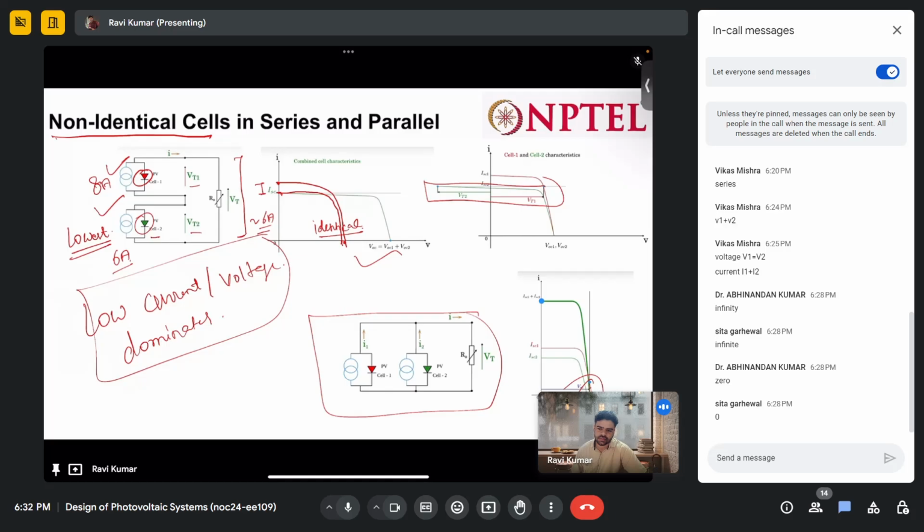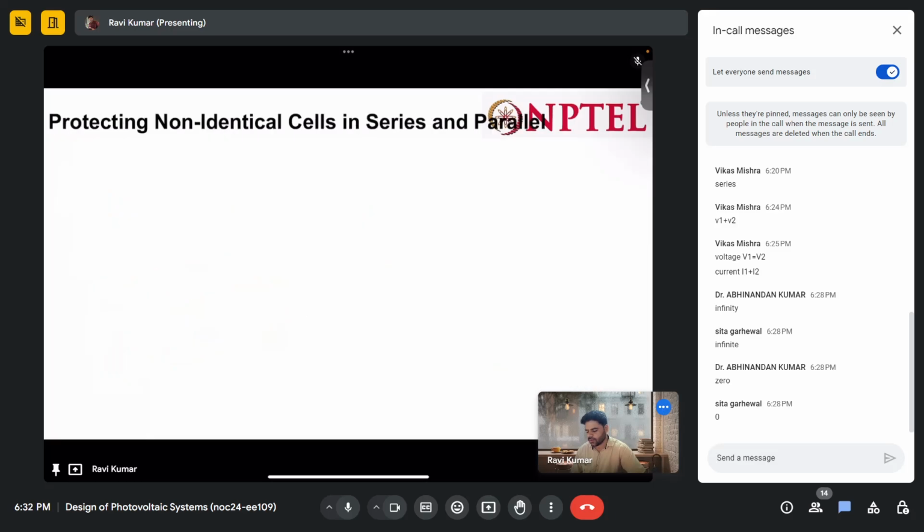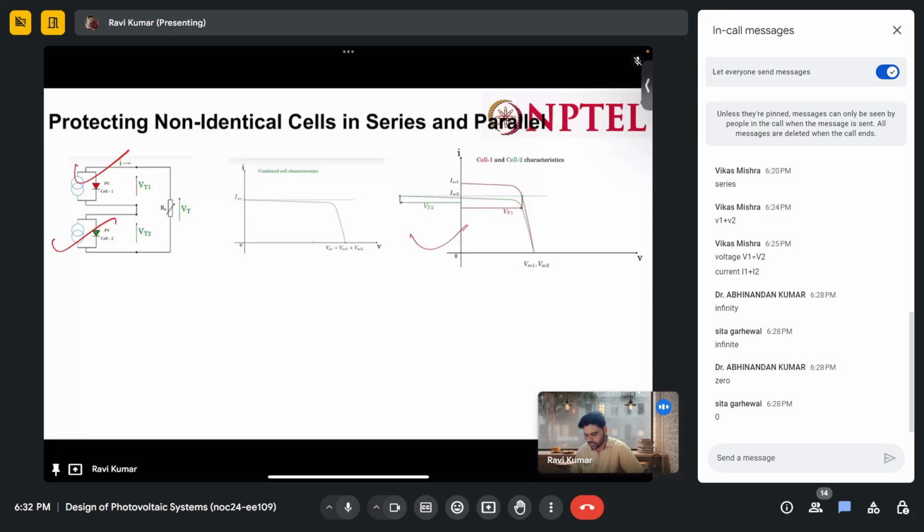So there may be some defects and degradations. To prevent those solar cells from being degraded, we use a bypass diode. We can protect these combinations using the bypass diode.